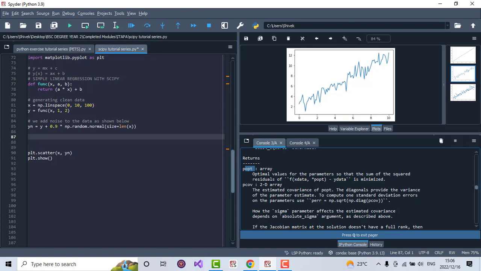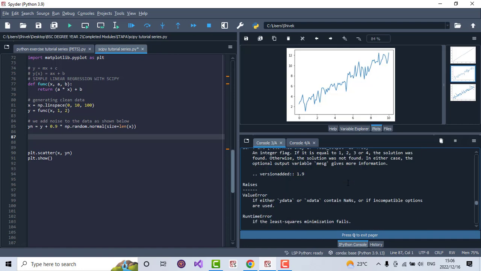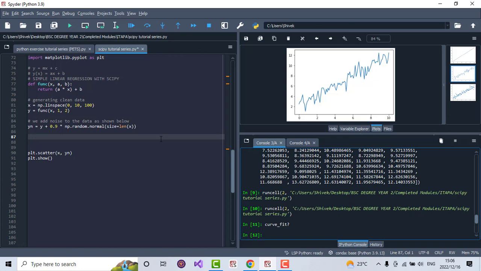The POPT array is basically the optimal values, according to SciPy, that will fit the data points, or the equation that brings us those data points. Now, if this does not make sense, don't stress. After completion of the example and after viewing the output itself, you will get a better understanding of what I am talking about.